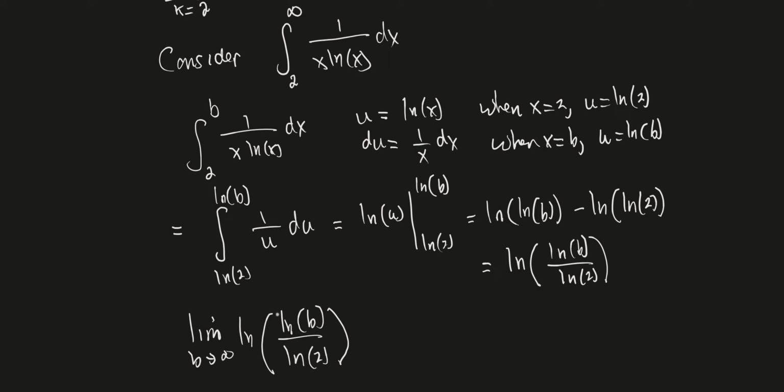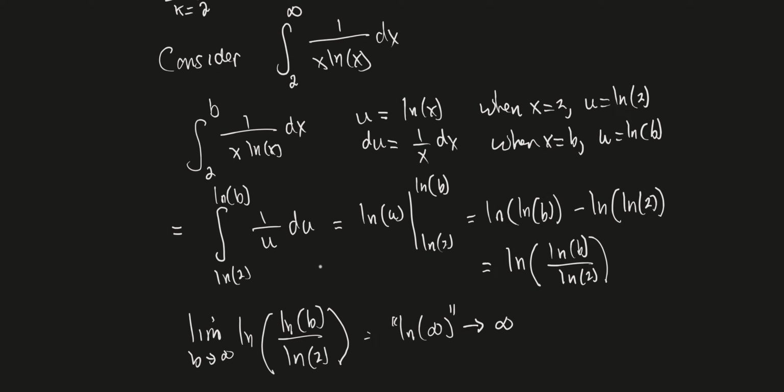Well, we know it's a function that grows very slowly, but it gets there, right? So technically, this is the log of infinity over the log of 2, but that's just infinity. So the log of infinity is infinity. So in a nutshell, this is what we have, right? So again, this approaches infinity.